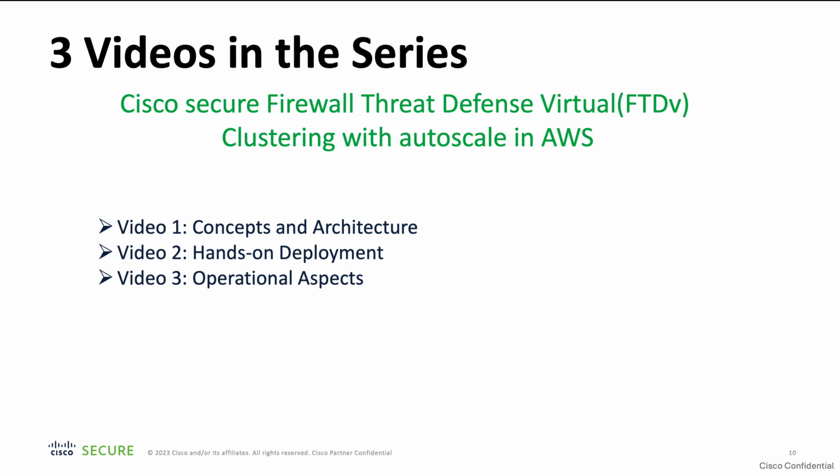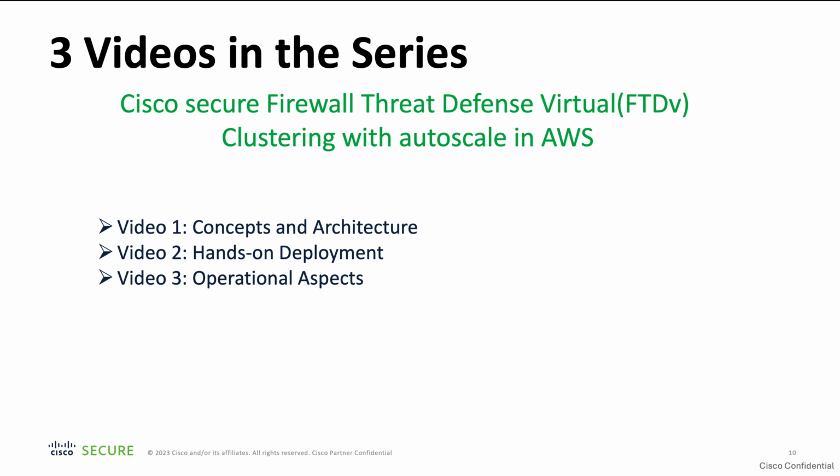And that also wrapped up our three-part video series on Cisco FTDv clustering with Autoscale in AWS. To summarize, in part one, we started with concepts and architecture, understanding how clustering and autoscale work together and their use cases and traffic flow designs, etc. In part two, we moved into the hands-on deployment where we built the entire solution step by step on AWS using the CloudFormation templates.